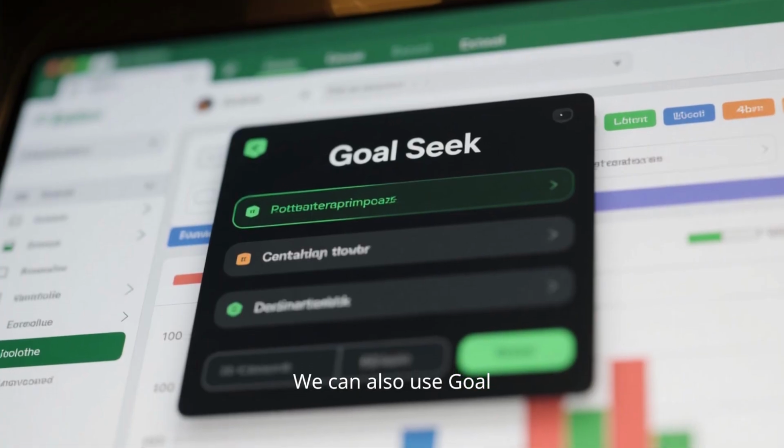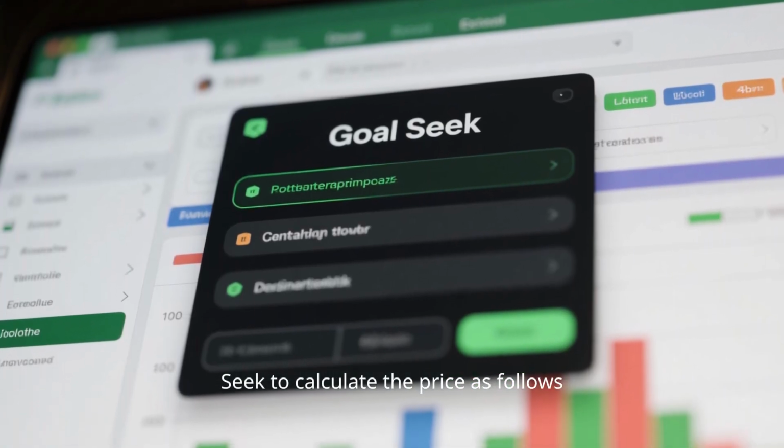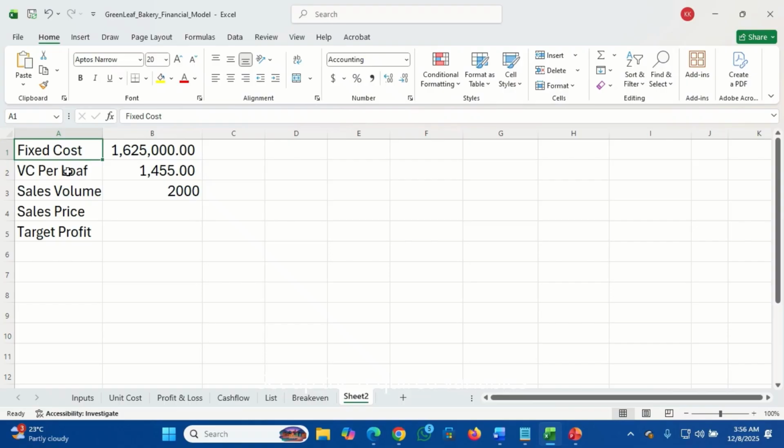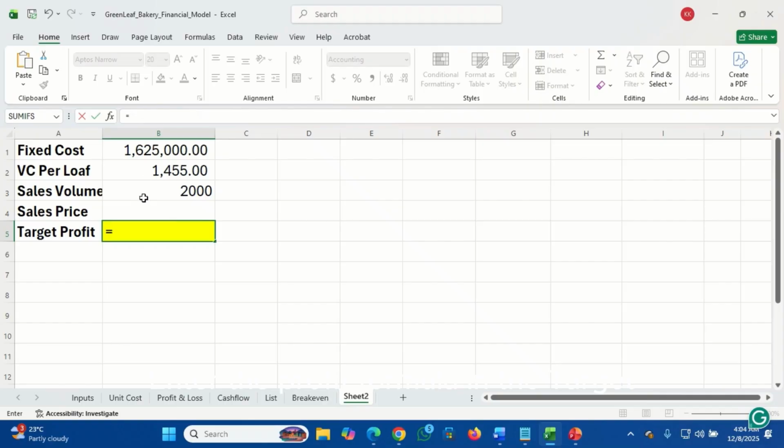We can also use Goal Seek to calculate the price as follows. Set up the required variables accordingly, as shown in the Excel sheet. Enter the profit formula in the target profit cell using the formula for calculating net profit, which is price minus unit cost, times quantity, minus fixed cost.